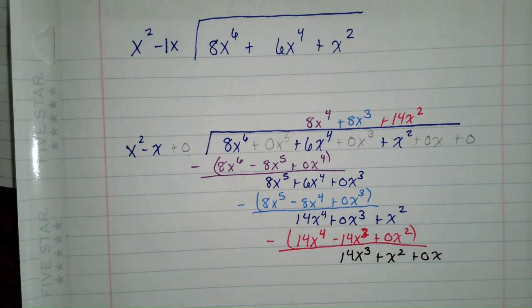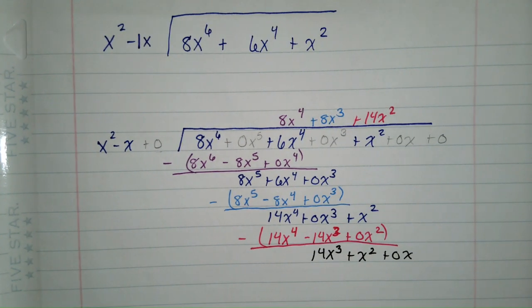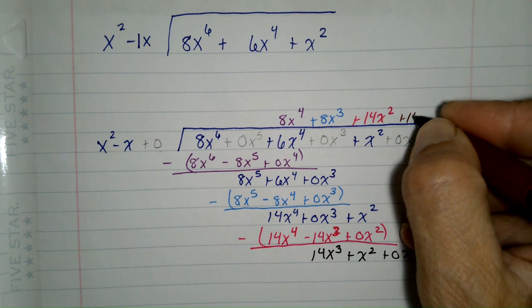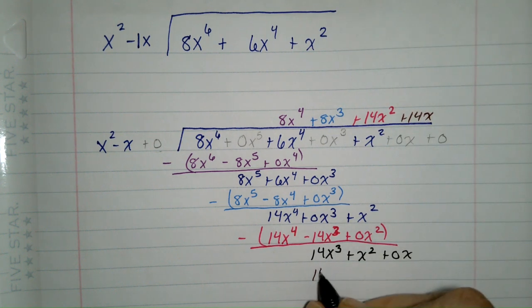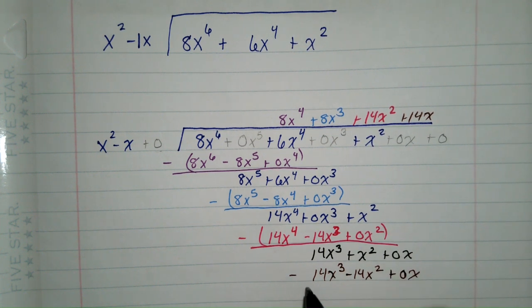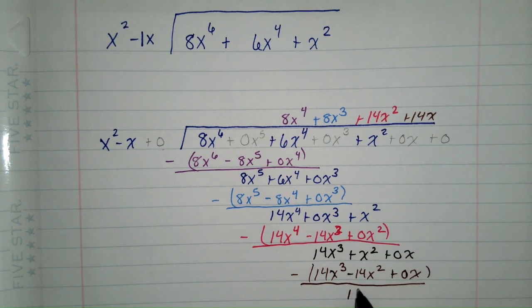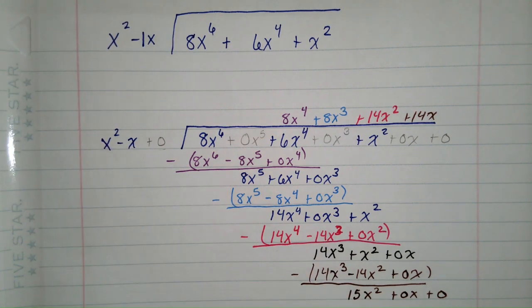And you might say, well, how do I know when I'm done? You are done when your exponent of your remainder is smaller than your divisor. I'm still at x squared. That is not smaller than x squared, so I got to keep going.